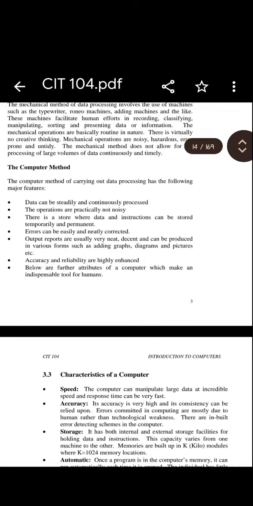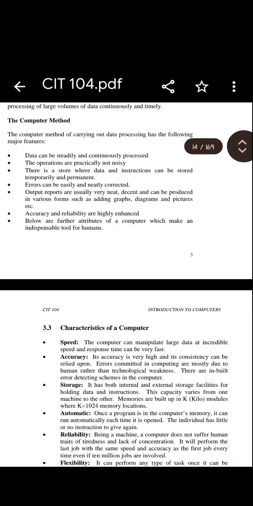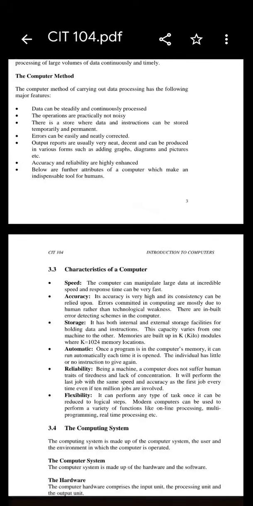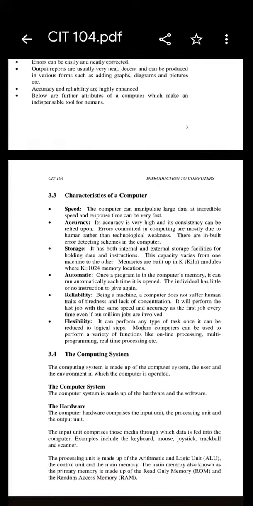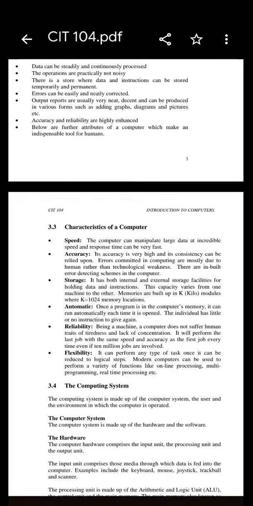I'm waiting for answers. I was asking you to give examples of the hardware components. At least give three examples of hardware components.